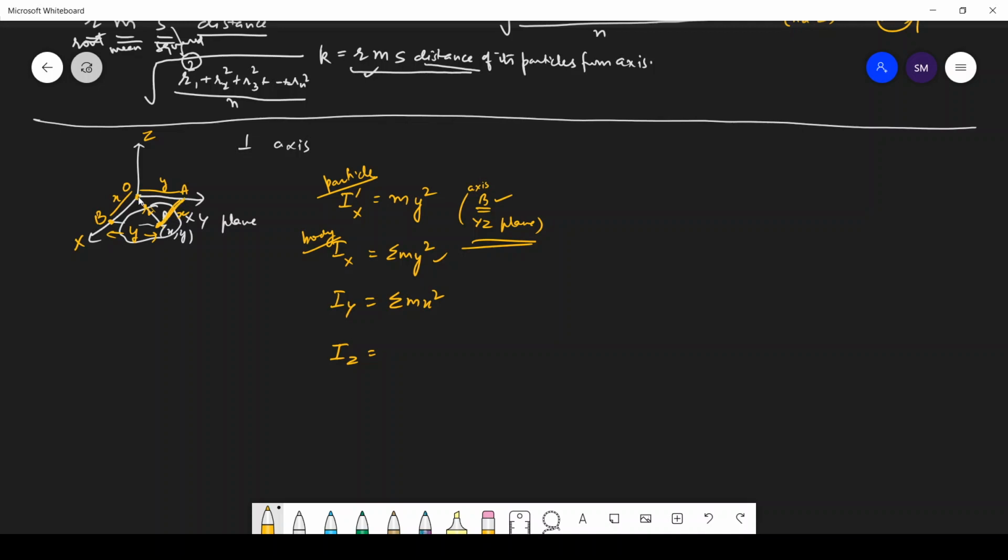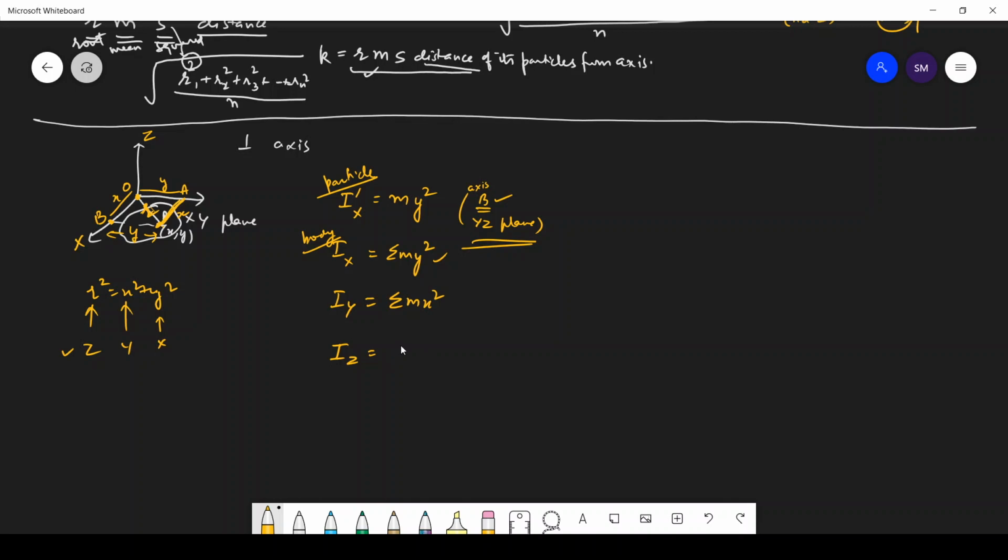Now you are moving it along the z-axis, its distance from the z-axis is r. You know that r square is equal to x square plus y square. So this is its distance from the x-axis, this from the y-axis, and this from the z-axis, the distance of the particle P from the axis.